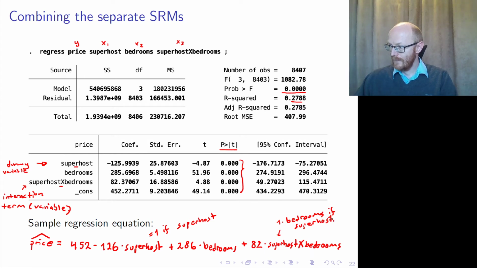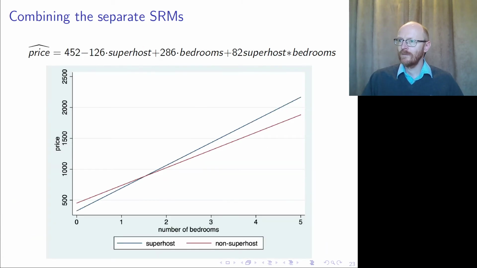Okay, so these are the bits you need. If the renter is a superhost, and the number of bedrooms, and then you can calculate the last interaction term. Okay, so how does this look graphically?